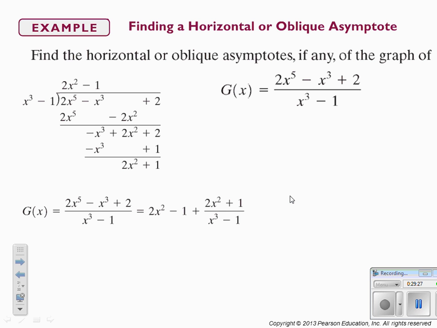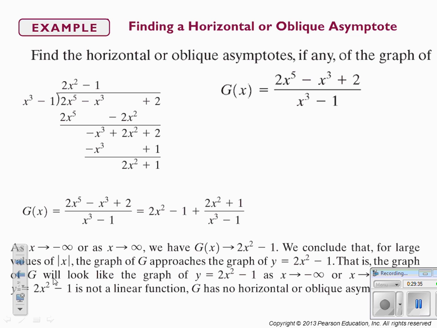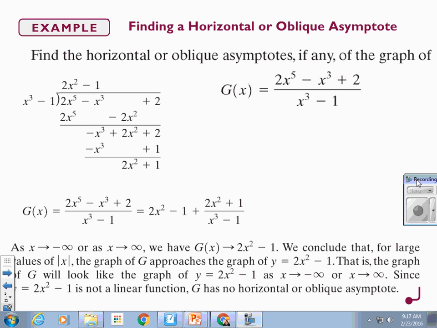So my function, when I do my division, is 2x squared minus 1 plus this remainder. And in this case, we do not have a linear function, nor do we have a constant function. So we can say that there is no horizontal or oblique asymptote.